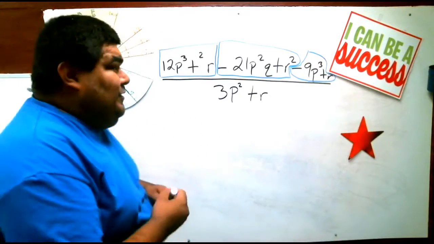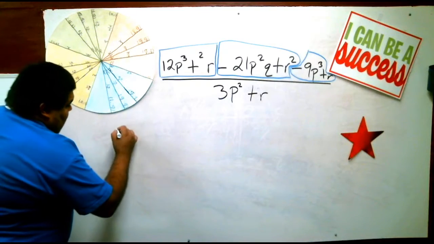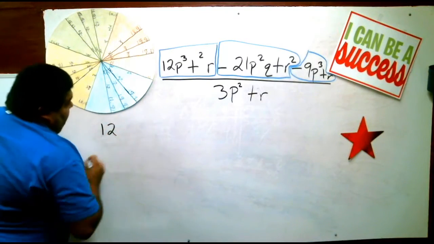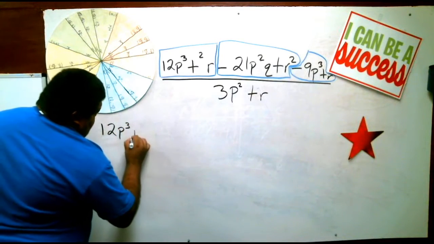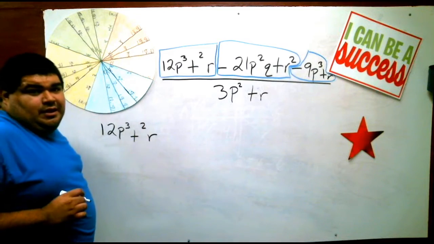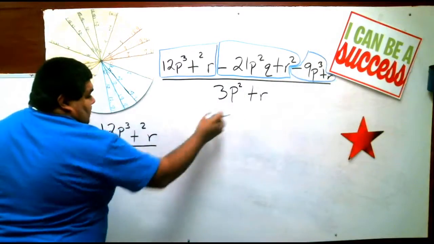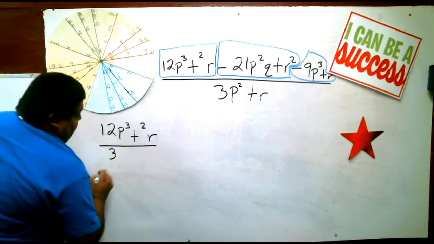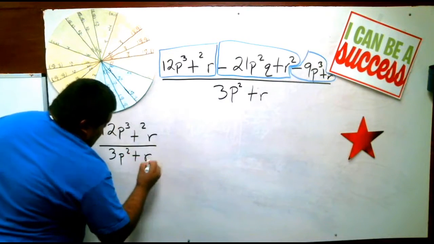So we start off by doing the 12. Do it out here. 12 p to the third, t squared r, over our bottom, which in this case is 3p squared t r, okay?